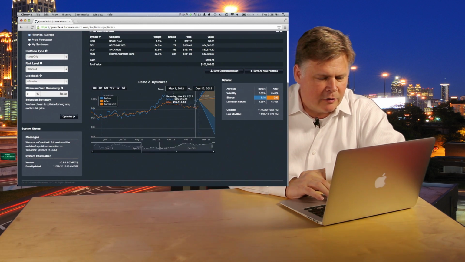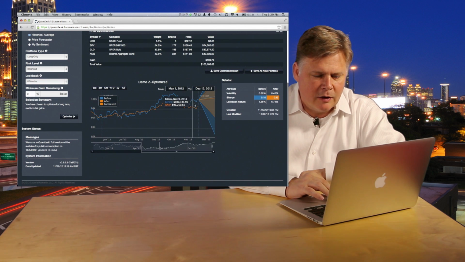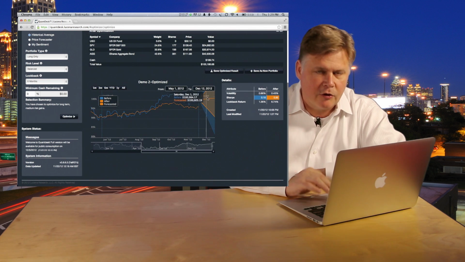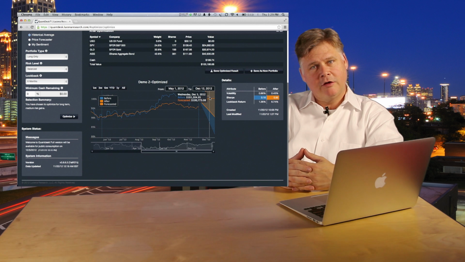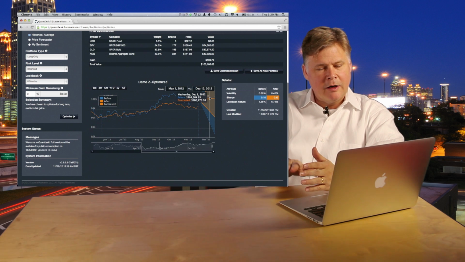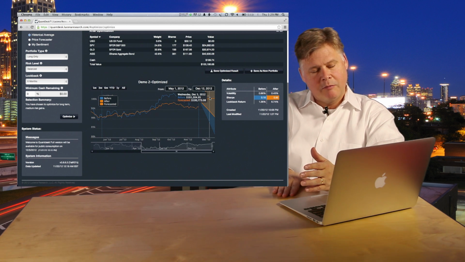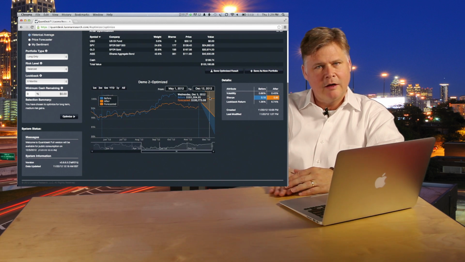Not quite as high return looking back, but looking forward, also much lower volatility stepping forward. Again, so that's the science behind portfolio optimization.